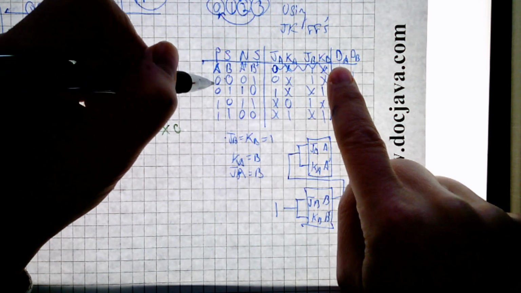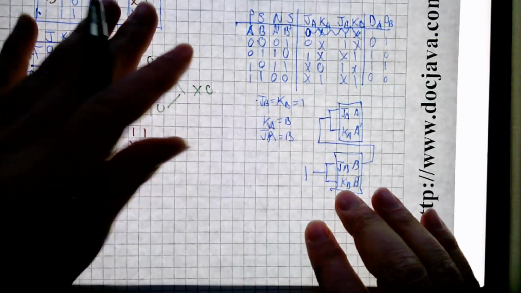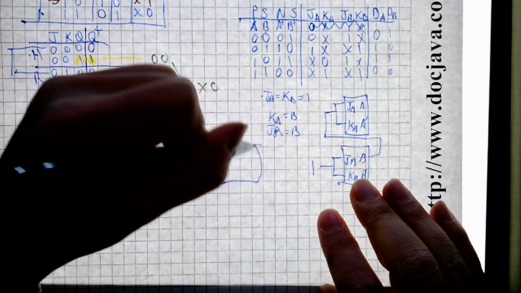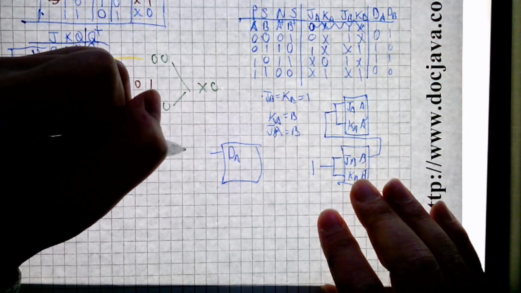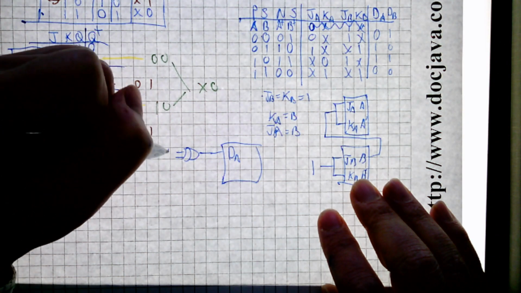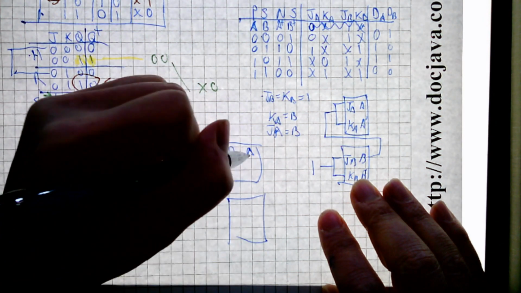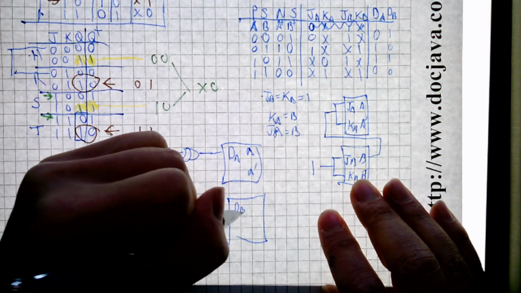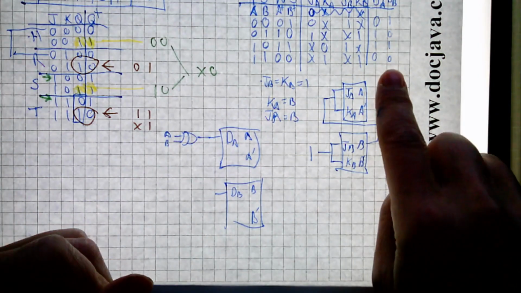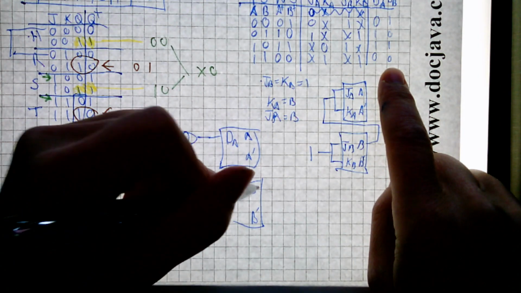But D sub A has got to be A exclusive OR B. So what that means, to me, the designer, is that D sub A needs A, B, an exclusive OR gate, and D sub B is just going to be equal to B prime, which I can obtain from here.